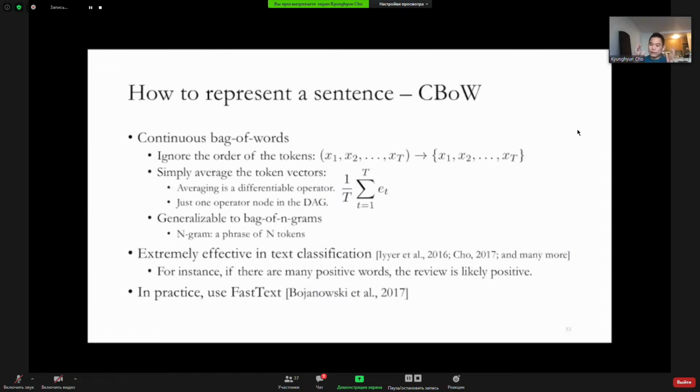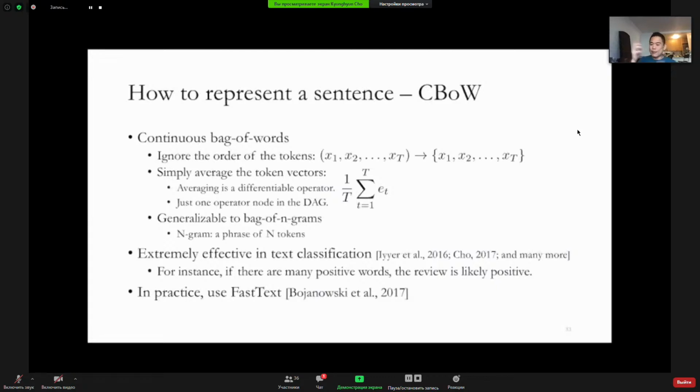And once we have a set of those token vectors, the best we can do, there is a weird theory behind it with deep sets and so on, is to average them, because there is no order. There's no such thing as this token comes first, that token comes first. Nothing like that. So we're going to simply average these high dimensional vectors to obtain the so-called continuous bag of words.